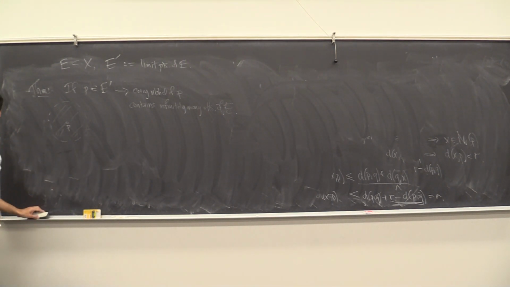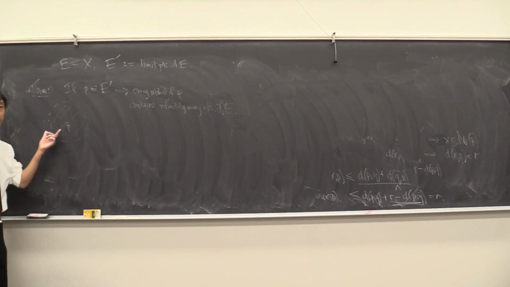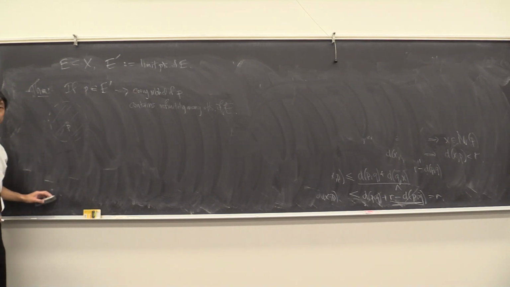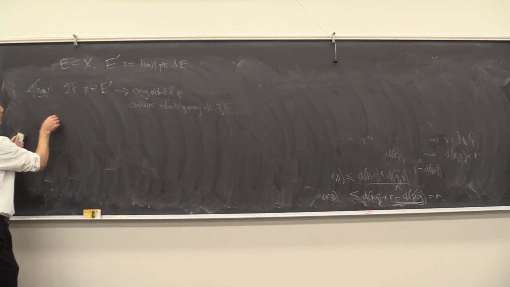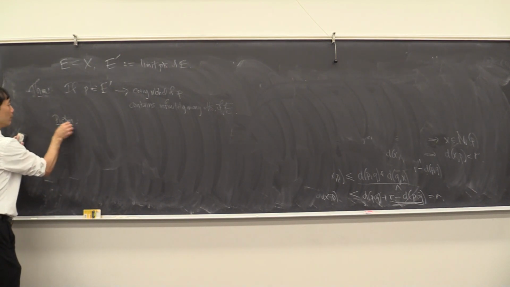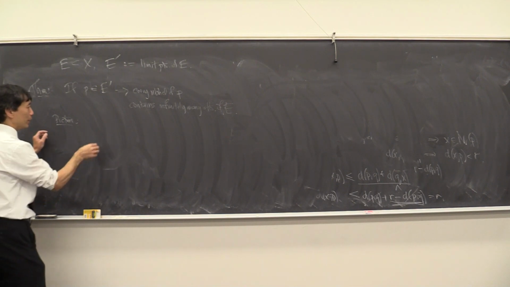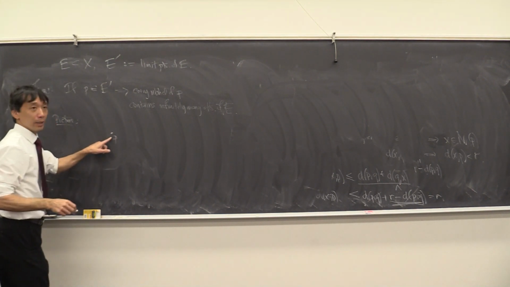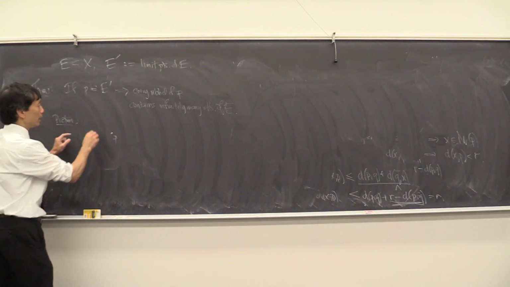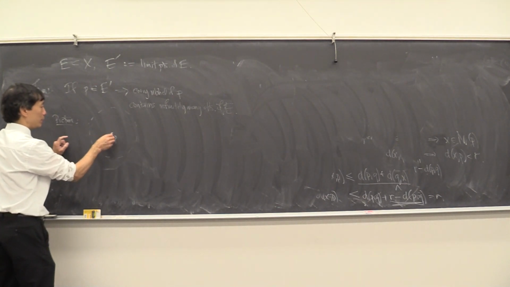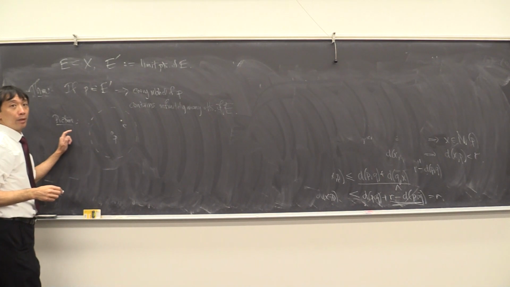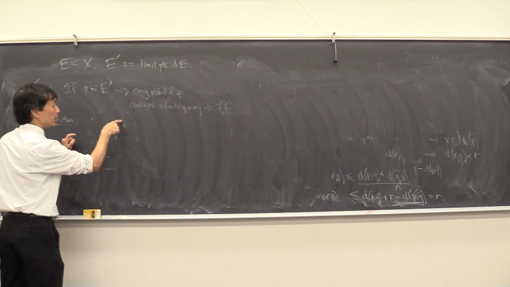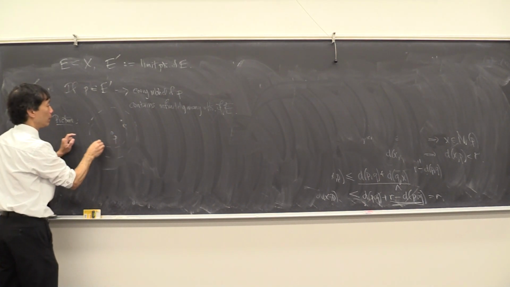Maybe that makes sense. Here's the picture. Why is that pretty straightforward? Suppose this guy is a limit point. That means that no matter what punctured neighborhood you take, there's somebody from E inside there. So use that as your new radius.